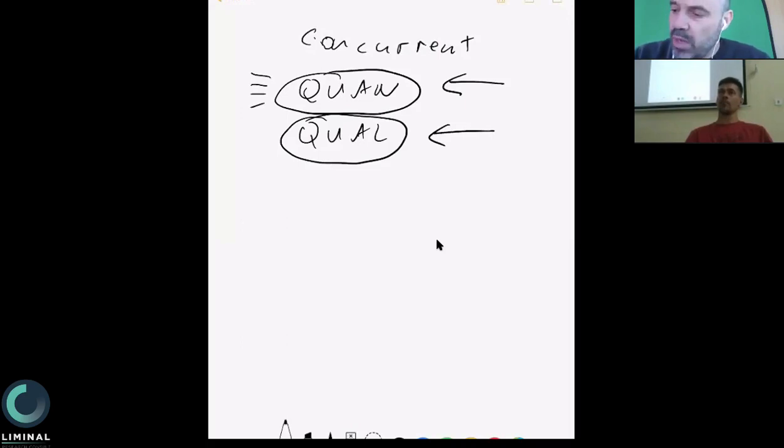And from the qual, you must integrate these two with each other, because in the end, when you write up, you want to say something about both. So when you do the concurrent approach, you must make sure from the beginning that these themes and these constructs are aligned from the two approaches.